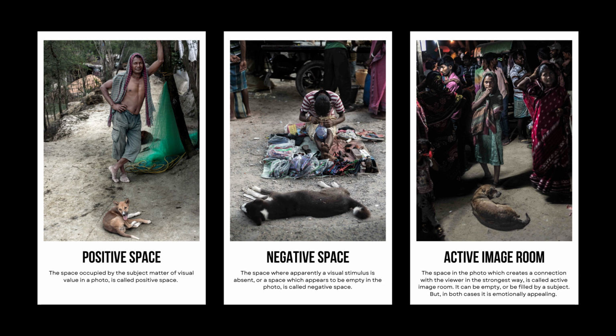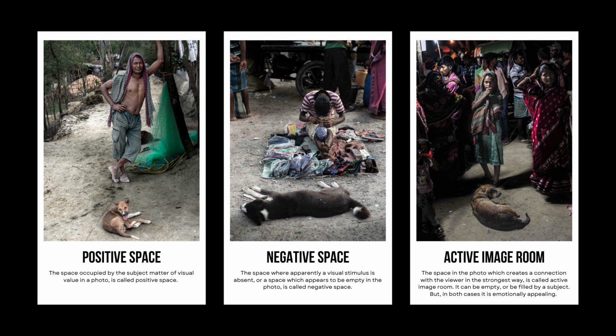Now, that active image room can be empty. It can have nothing but just a deep, vast ocean, or just plain open sky. But that can be really active, full of emotional energy that we talked about in symbolism, which has nothing to do with positive or negative space. It has only to do with the energy.